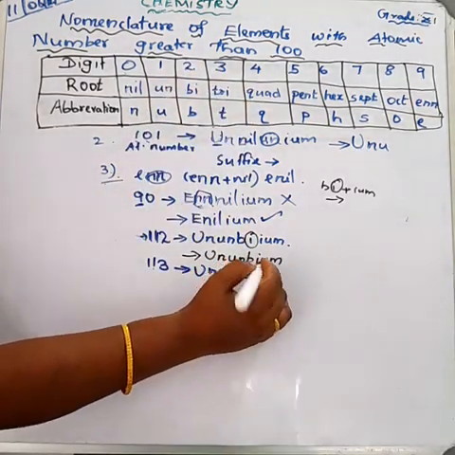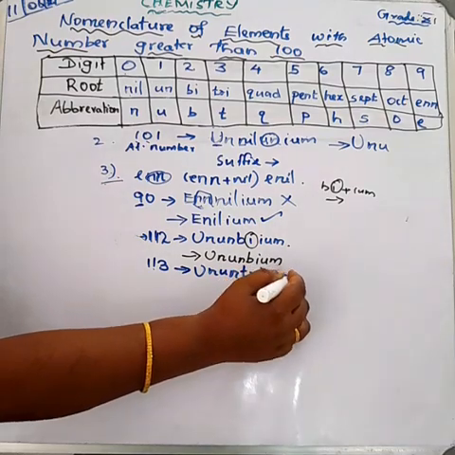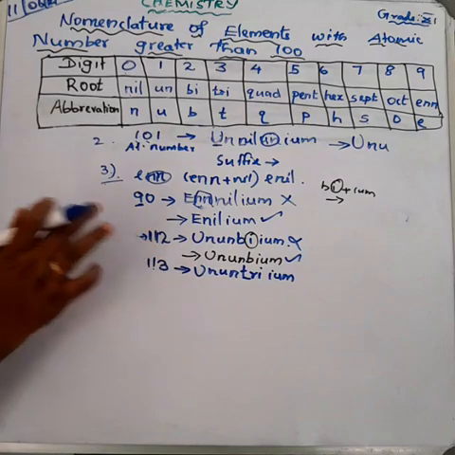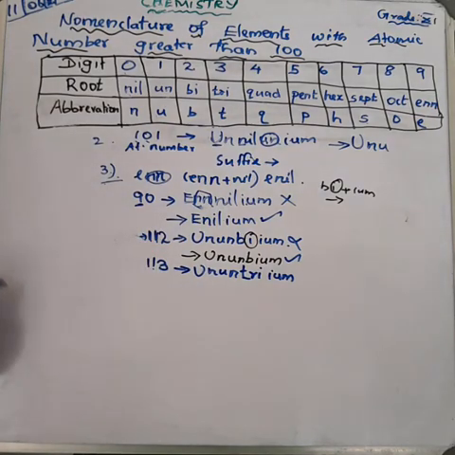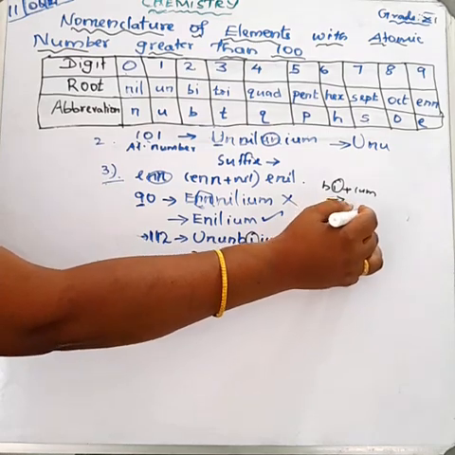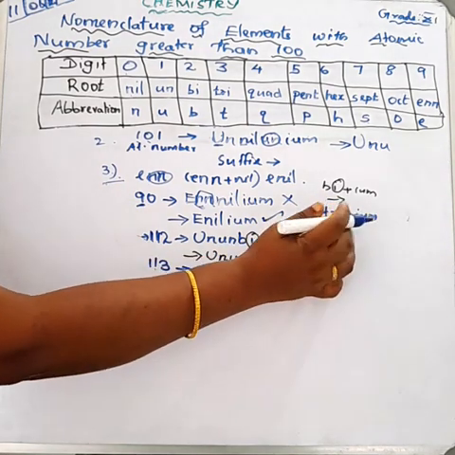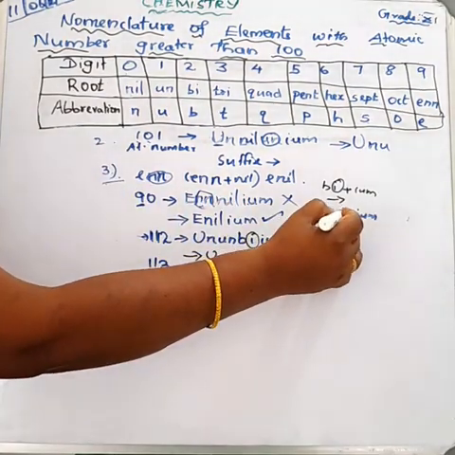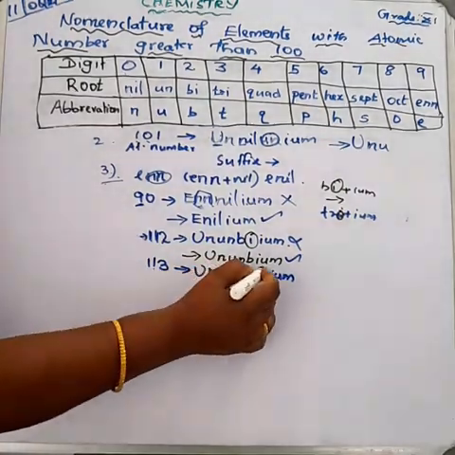Okay, after that suffix ium. According to rule 3, when you are writing tri before ium, you can omit the i of tri.